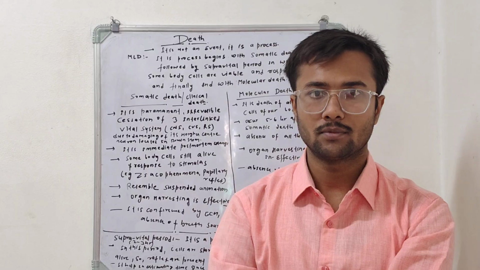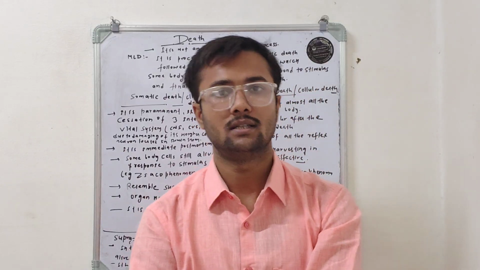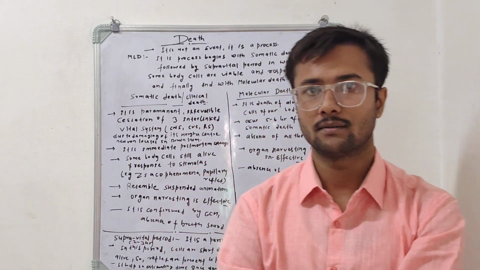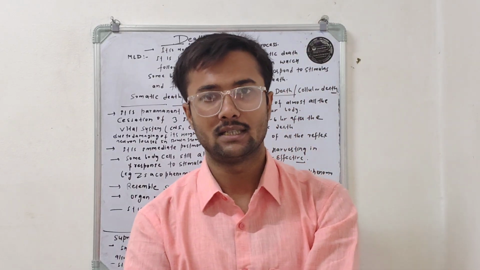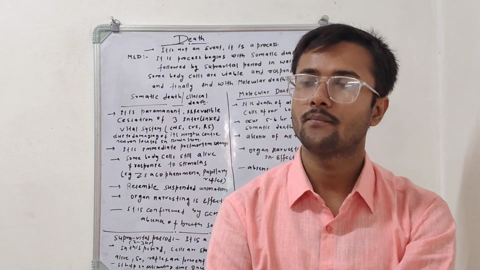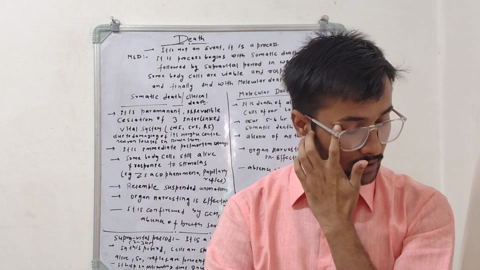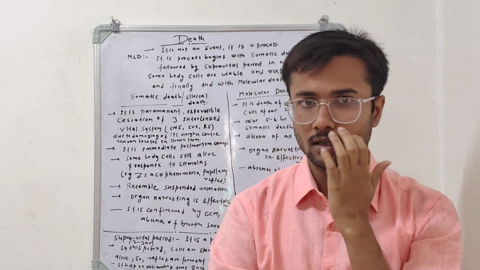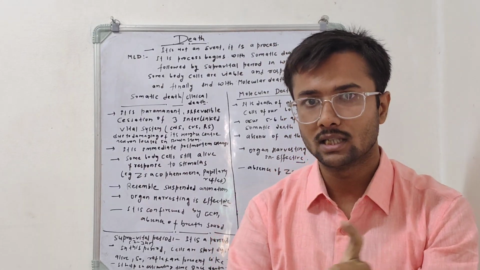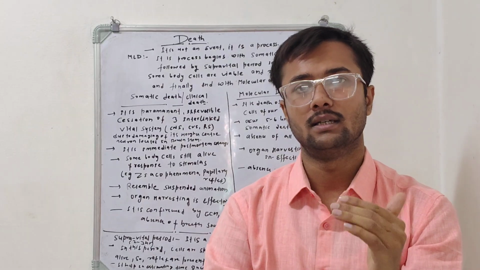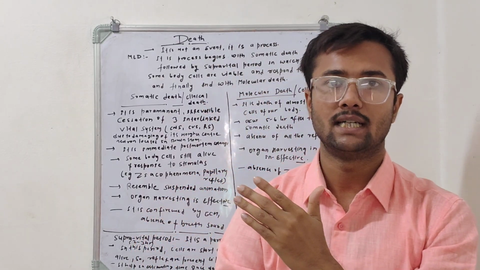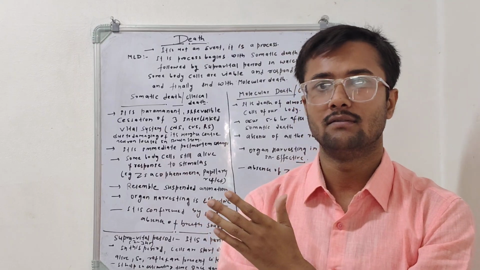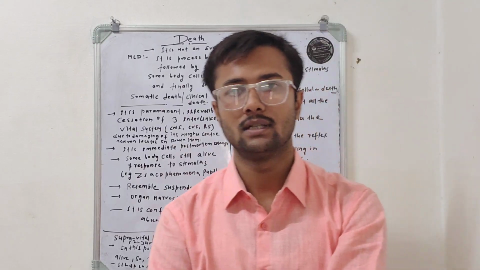The death process begins with the somatic death, followed by the supravital period, and finally ends with the molecular death. So you can see that in death there are three sequential events. They begin with somatic death, followed by supravital period, and then finally end with molecular death.